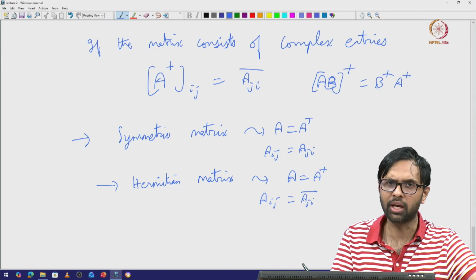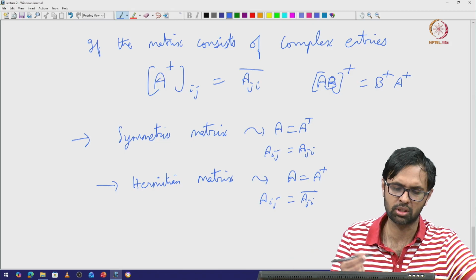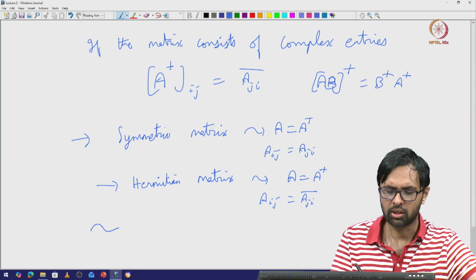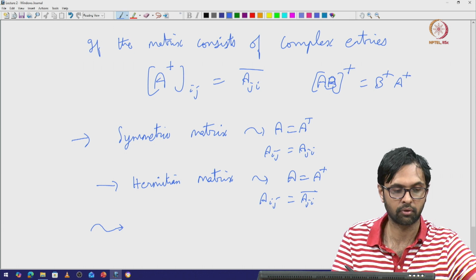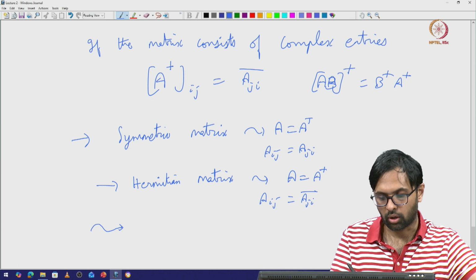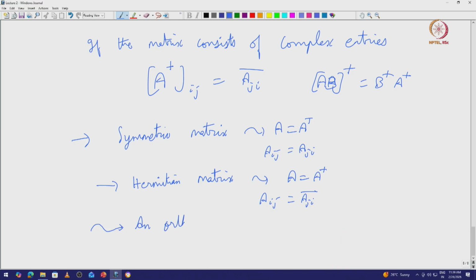One more definition. Why must we care about the following definition? We'll see it later. Since this is just a review, I'm not giving you as much motivation as I would have normally for these sorts of things. So an orthogonal matrix A is a square matrix such that A times A transpose equals A transpose times A equals the identity matrix.